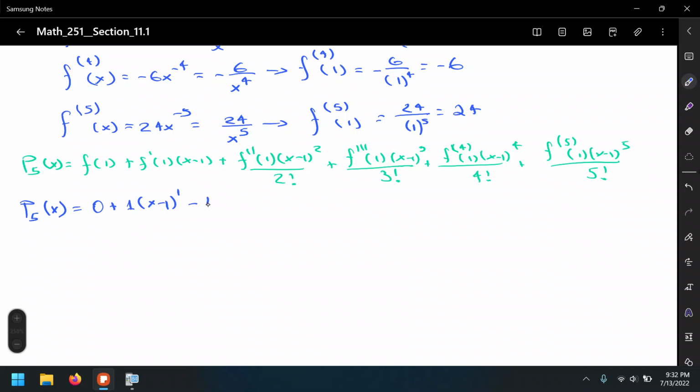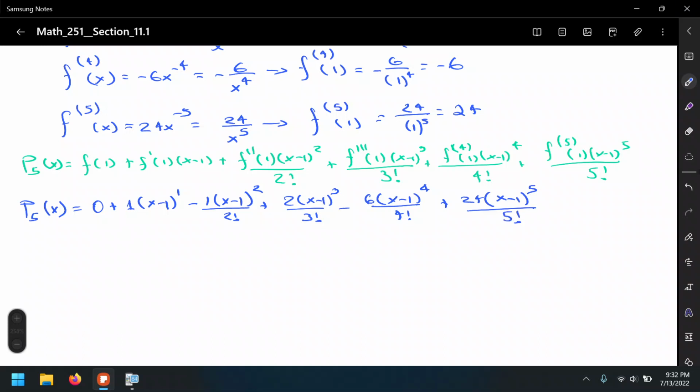Be careful, because that was a negative 1 times x minus 1 squared over 2 factorial plus 2 times x minus 1 to the third power over 3 factorial, minus 6 times x minus 1 to the 4th power over 4 factorial, plus 24 times x minus 1 to the 5th over 5 factorial.